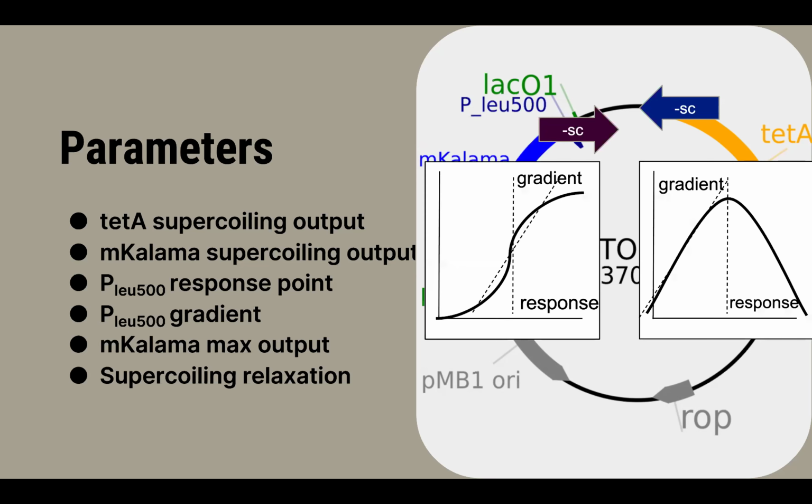Then we have two more. So this is supposed to be a sigmoid curve on the left, but apparently moving this presentation between things has changed the graphics slightly, so it now isn't quite so sigmoidal, but oh well, we carry on. So we've got two different possible things here, which are the response curves for our promoter.